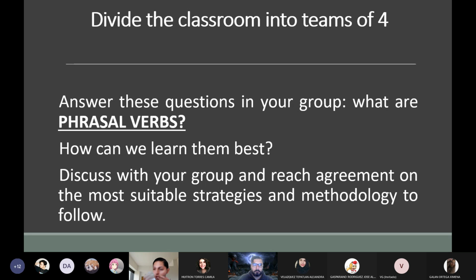Not only about the quantity of words that make up a phrasal verb, but also the way they are used. Sometimes you can use an object pronoun in the middle of a phrasal verb, or you need to use it at the end. So we have different kinds of phrasal verbs.